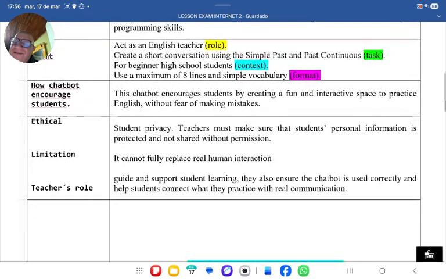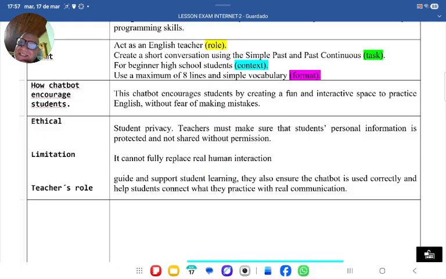Some ethical advice I use, for example, with my students is about student privacy. In my case, I had to make sure the students' personal information was protected and not shared with other persons or without permission.